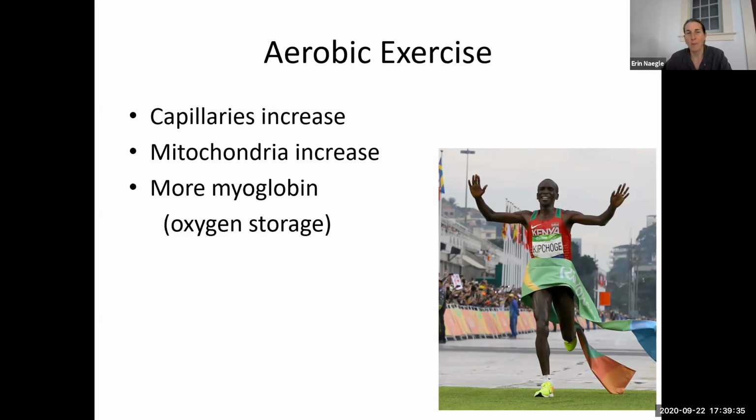So you see a lot more capillaries in those muscles because you need more energy, you need more ATP. You tend to see the number of mitochondria increase, and you also get more myoglobin. Myoglobin is a protein that holds on to oxygen. So you can think of it as like oxygen storage tanks for your muscle cells.